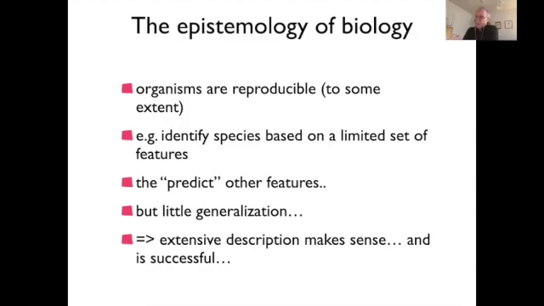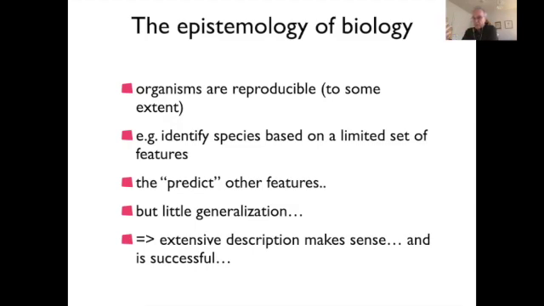And then you can predict things about that species. For instance, you could describe in a lot more detail what's inside a tulip if you cut it open, and there are certain vesicles and stuff that you learn in high school. So that's possible because they are somewhat reproducible.